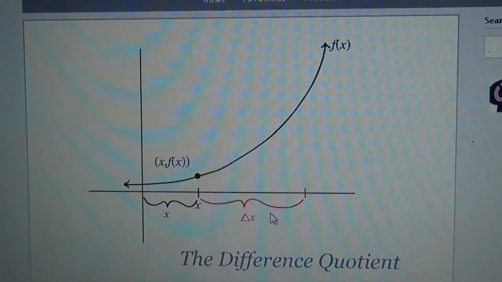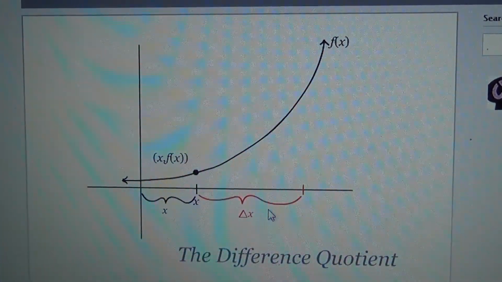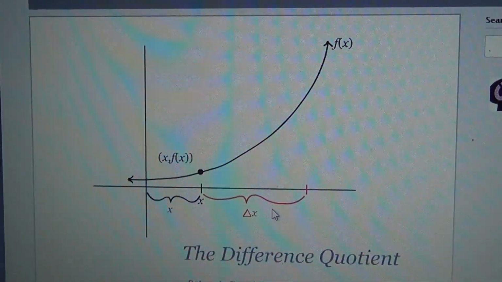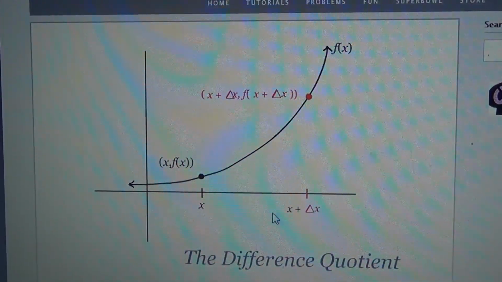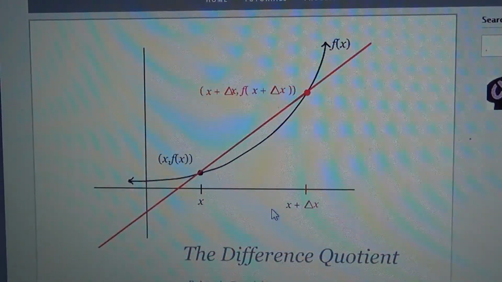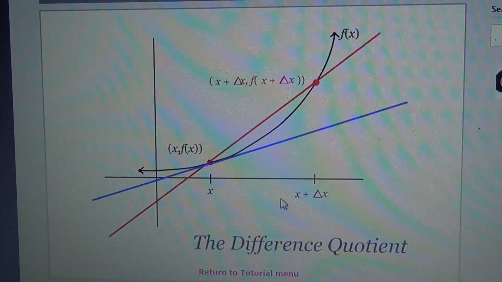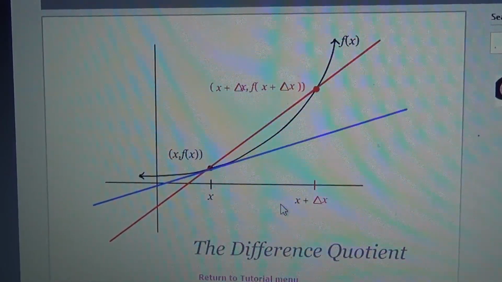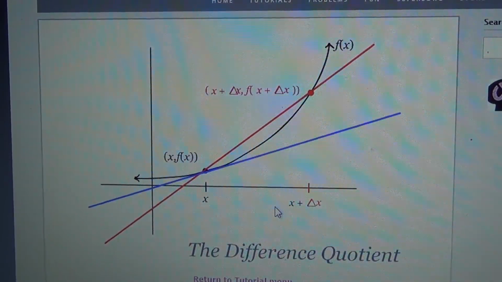It's mathematical language for the change in x. Therefore, this new location is the total distance of x plus delta x from the origin. And this new point has coordinates x plus delta x, comma, f of x plus delta x. Now, if I draw the line that connects these 2 points in red, it's called a secant line. It's not exactly like the tangent line we're looking for that I'm showing in blue, but at least it's a start. I'm going to go ahead and try to find the slope of this secant line.